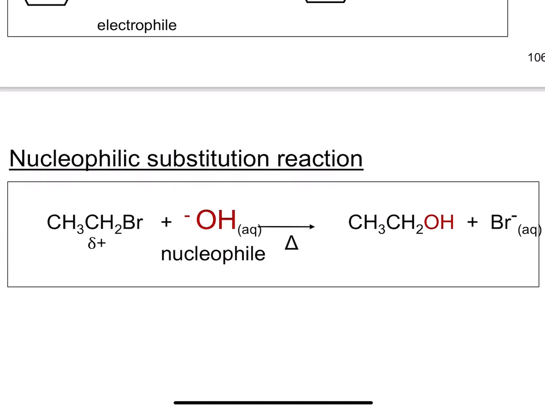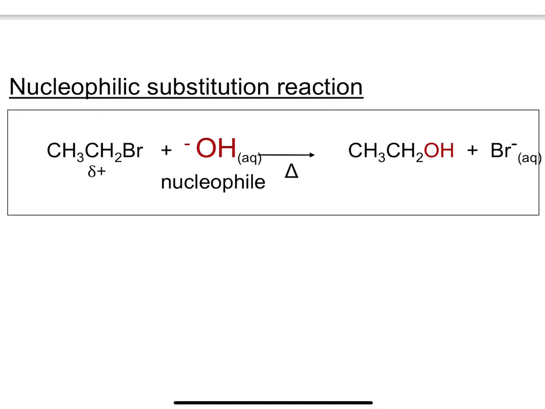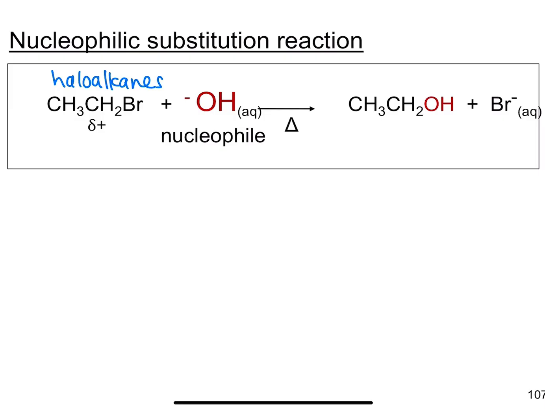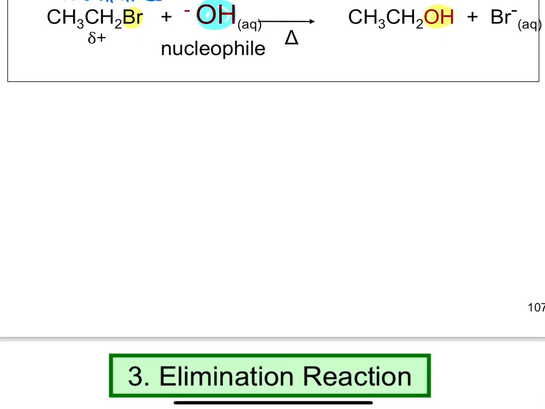Nucleophilic substitution happens for haloalkanes. As you can see, in nucleophilic substitution for haloalkanes, the OH, which is the nucleophile, replaces the bromine to become alcohol. We will look into these reactions deeper when we go to chapter 7.